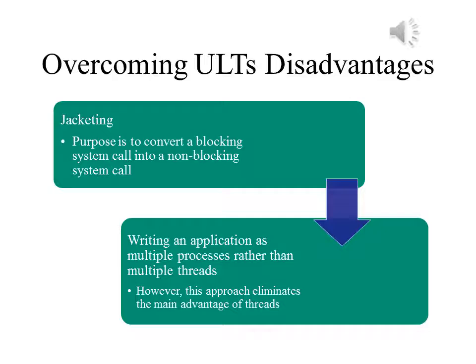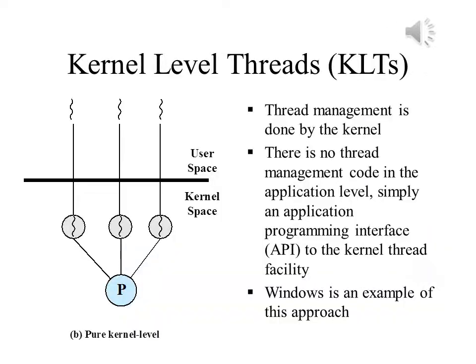Within this jacket routine is code that checks to determine if the input-output device is busy. If it is, the thread enters the blocked state and passes control through the threads library to another thread. When this thread later is given control again, the jacket routine checks the input-output device again.